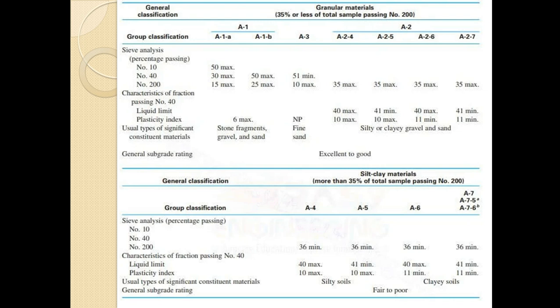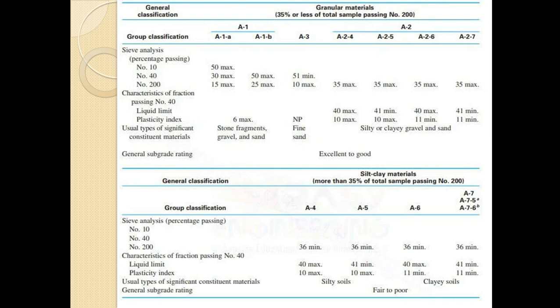Then come to soil category A5, 41% minimum liquid limit, and our liquid limit is 45%, so it can be A5. A6 has 40% max liquid limit, so it is obviously not A6. And then A7, 41% minimum liquid limit, so it can be. We have eliminated two soils, so we have two choices, it's either A5 or A7 soil.